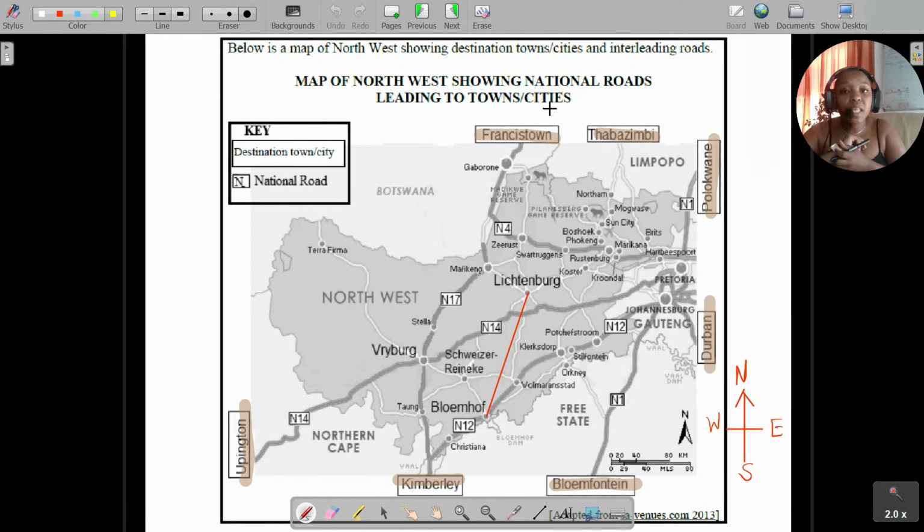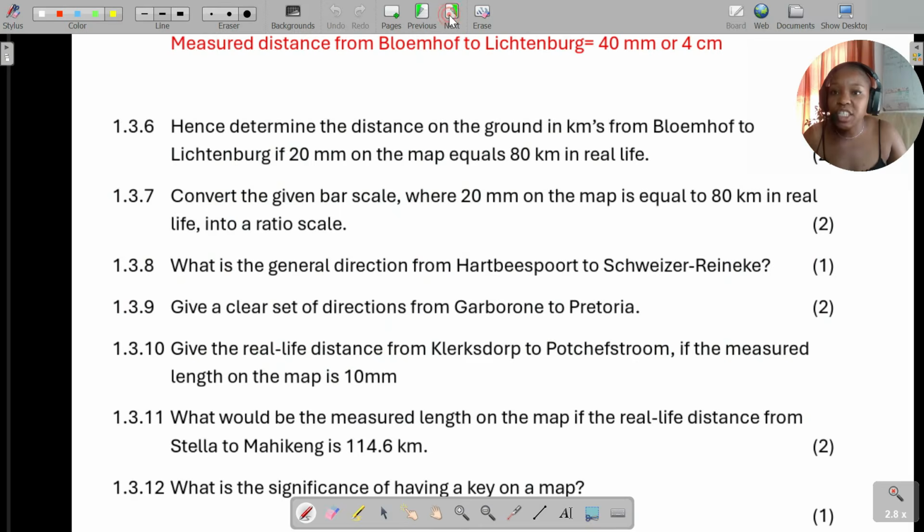Provided that you know what you need to focus on. Is there a key? Is there a compass? What type of scale is given there? But I'm not going to stop there, because remember, this question just stops there. I took it a step further and included additional questions to help us when it comes to working with the scale that is given to us, giving general direction, giving a clear set of directions.